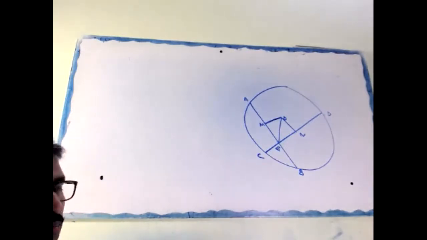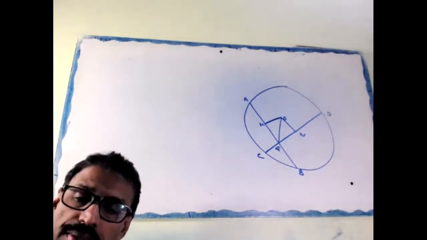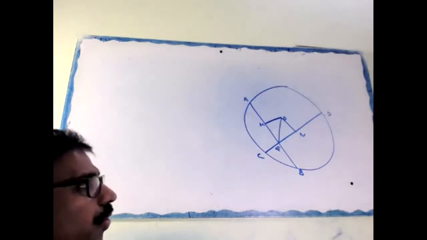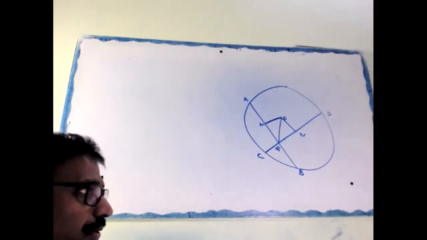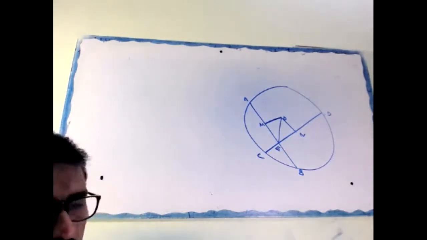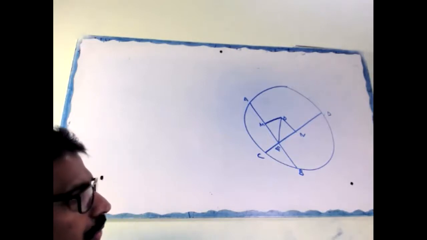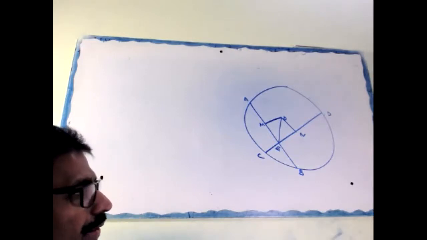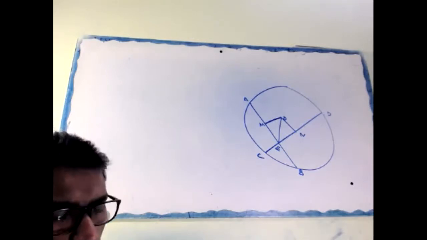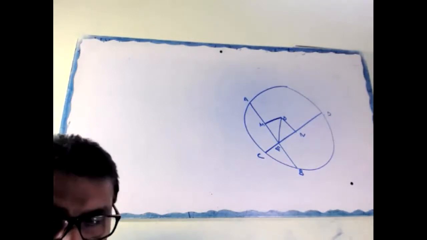Now, look here. Show triangle OME and ONE are congruent. How? In triangle OME and ONE, OM equal to ON, because equal chords are equidistant from the center.